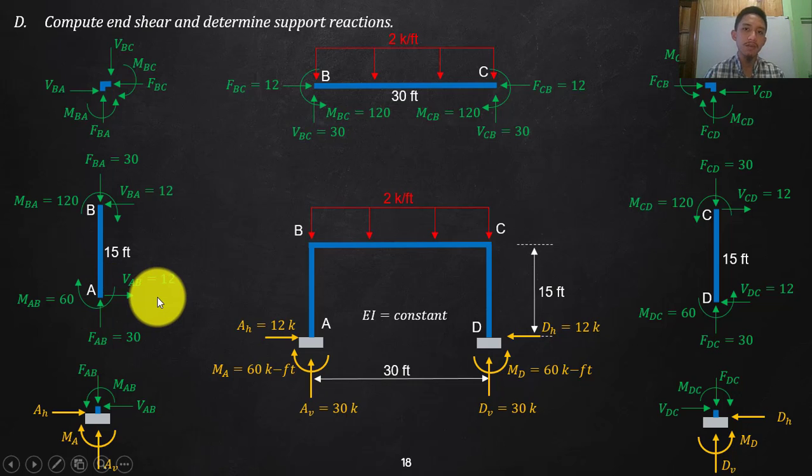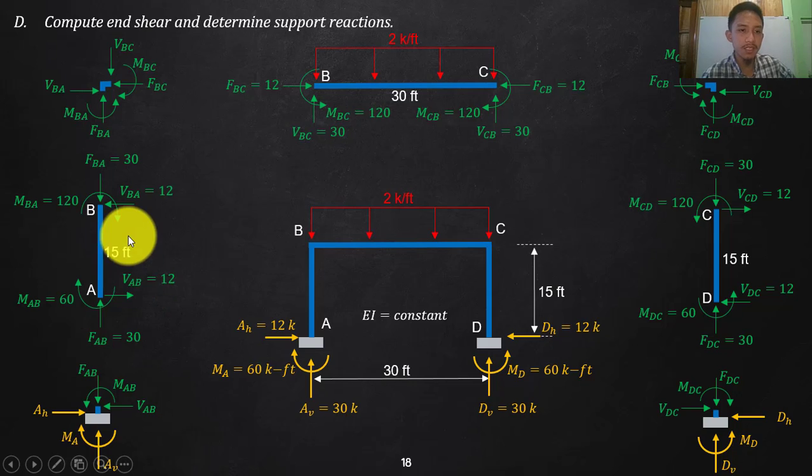But if not, then you will assume, and later on, if that is negative, you will redirect. Since that is clockwise, that is the only force that will counter for equilibrium. So VAB will go to the right, so that will be a moment which is counterclockwise. That will be against the 120 and 60. So that is total of 180.